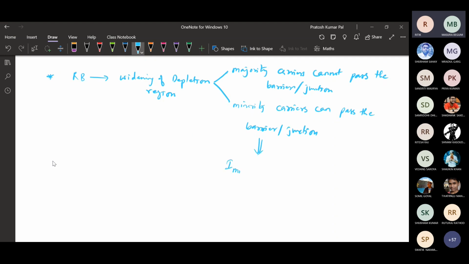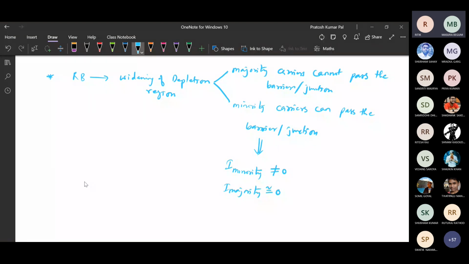The current will be because of the minority. So the minority current will not be equal to zero, but the majority carrier current will be almost zero.